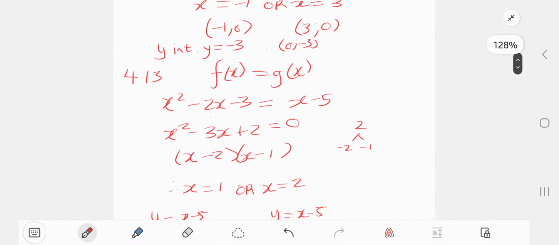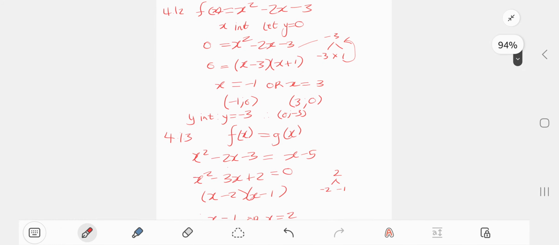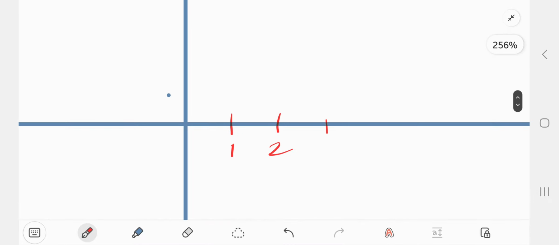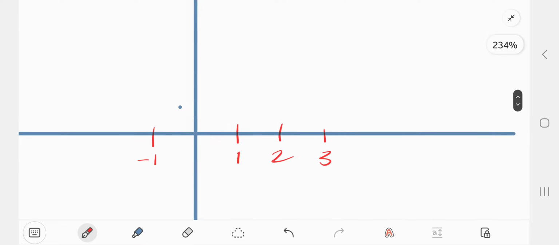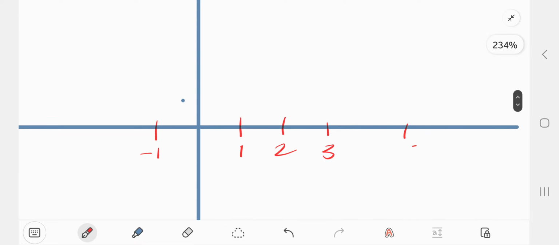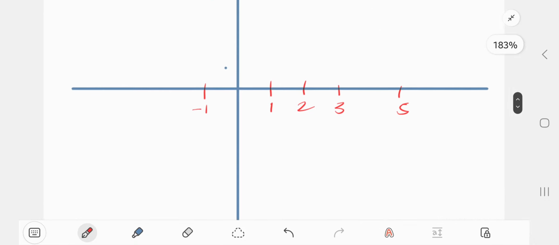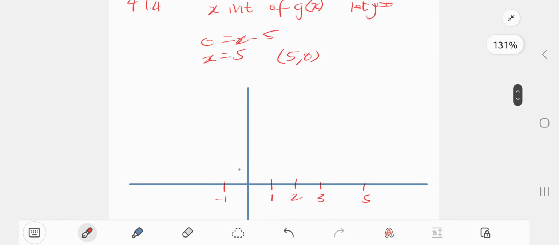And we also have where x is negative 1, right? So I'm just looking at the x values and where x is 3, right? So we know that we want to have something where x is 3 and where x is negative 1, as well as where x is 5, right? Which is the x-intercept of the straight line graph. So yeah, let's try and draw it to scale as best as possible. I think those points are not too bad.